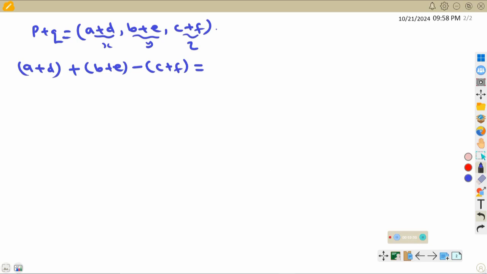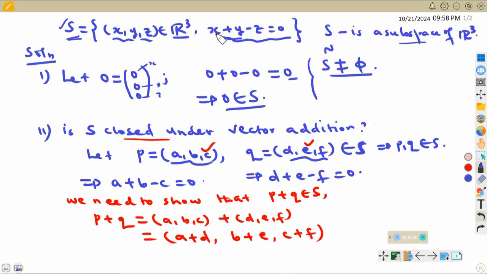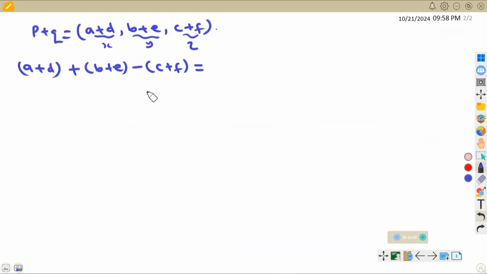Because by definition, when you get X component plus Y component minus Z component, you must get a 0. So for that case, when I get A plus D plus B plus E minus this, I want to show that this one here is equal to 0.